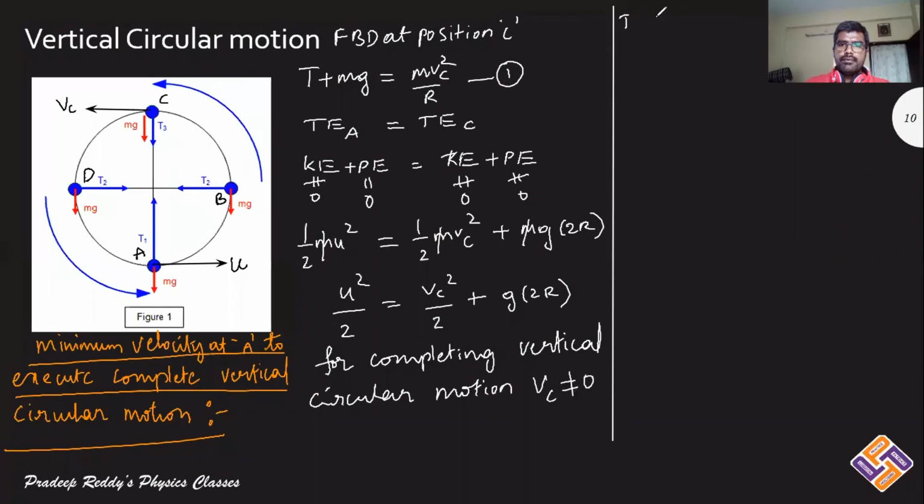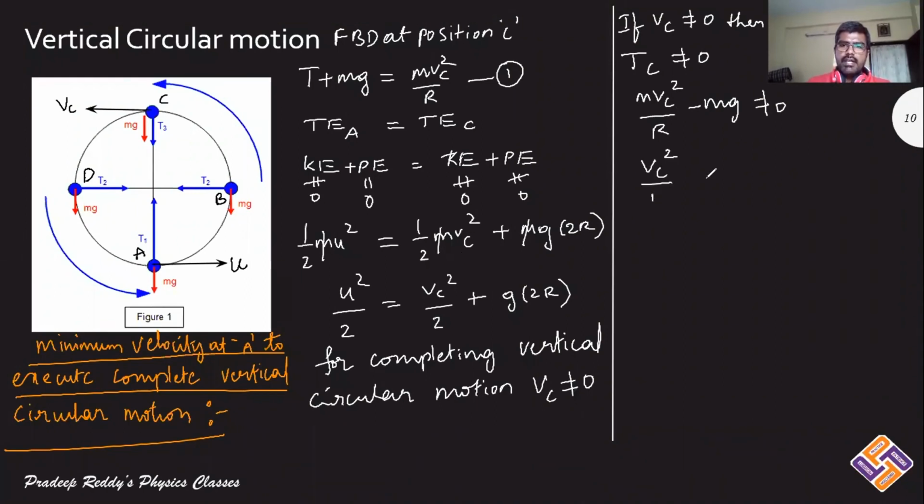If Vc is not equal to 0, then tension at C is not equal to 0. But what is tension at C? Tension at C is equal to m Vc square divided by R minus mg, which should not be equal to 0. M you can take out and remove.